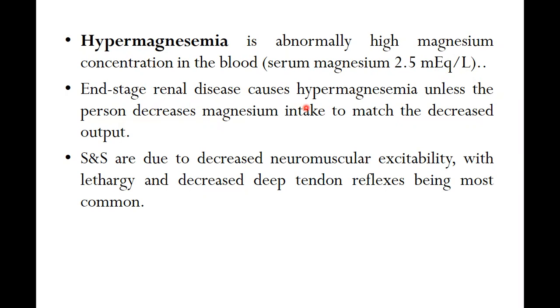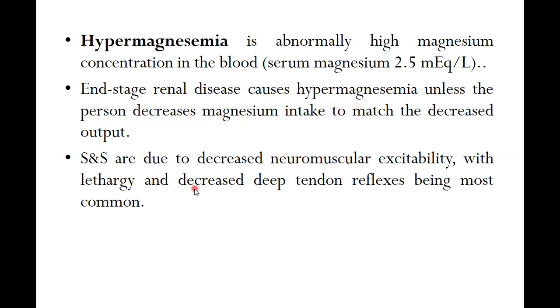So if a patient has end-stage renal disease, they'll end up with hypermagnesemia unless they decrease their intake of magnesium to match the decreased output, because in end-stage renal disease, the kidneys are unable to filter magnesium from the body.